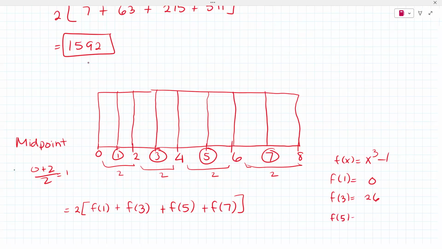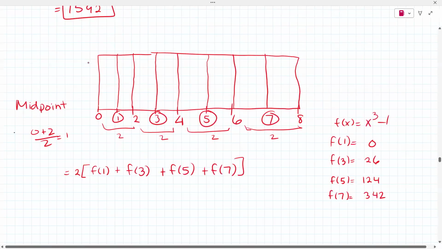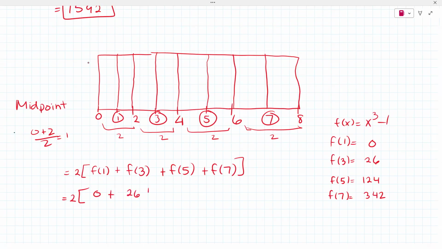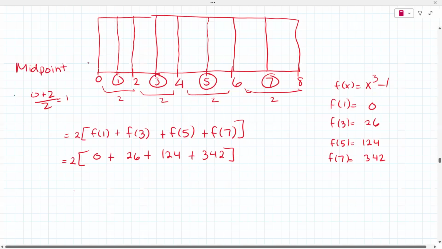F of 5 is 124. And f of 7 is 342. Okay, so f of 1 is 0, f of 3 is 26, 5 is 124, 7 is 342. Put it all together, you get 984.